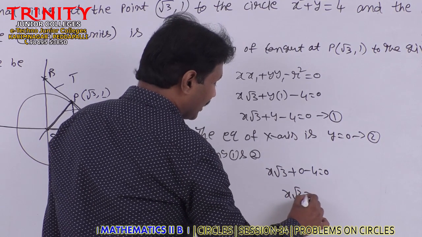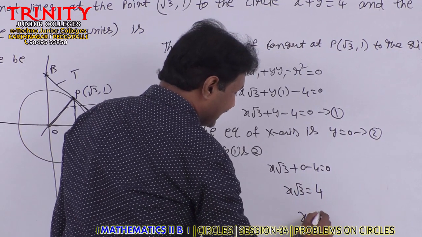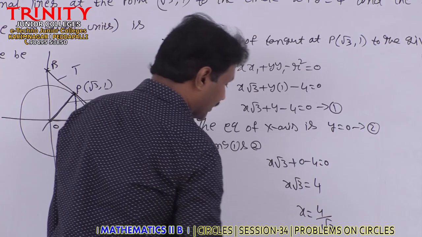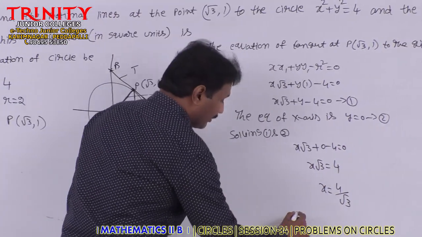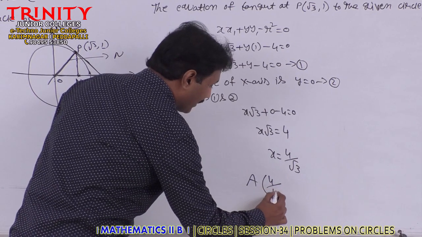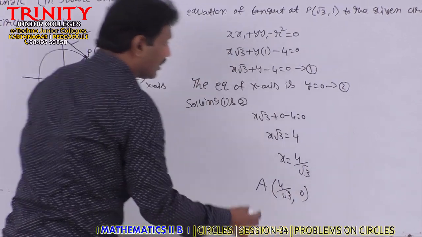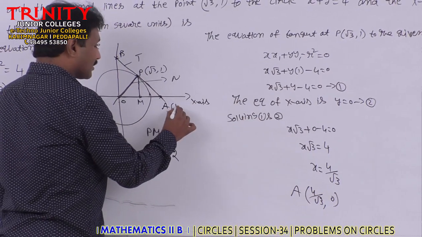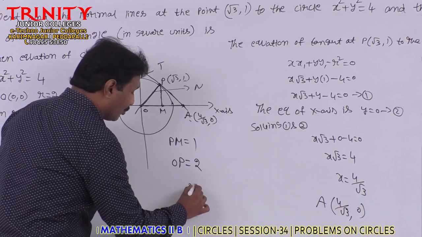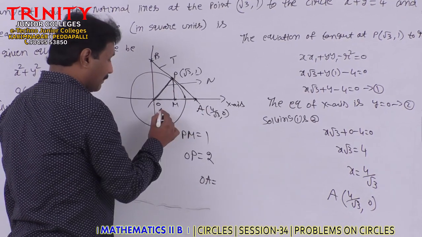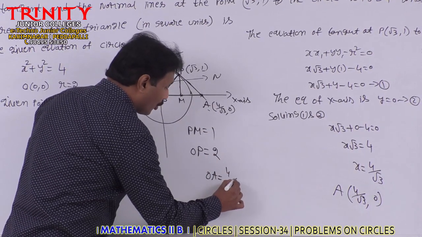X into root 3 equals 4. X equals 4 by root 3. Therefore, the coordinate of point A is (4 by root 3, 0). The length of OA, the intercept from the origin, is 4 by root 3.